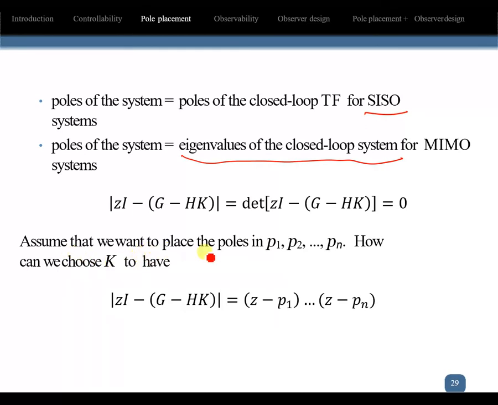Assuming that we want to place the poles at P1, P2 and Pn, how can we choose K? How can you find K so that the determinant equals my desired poles?